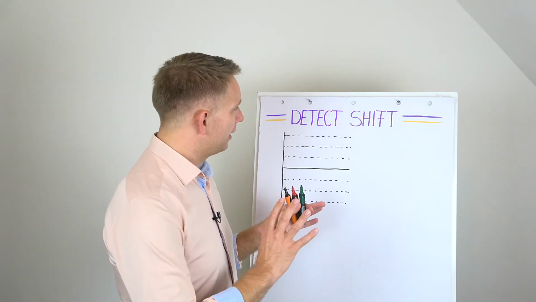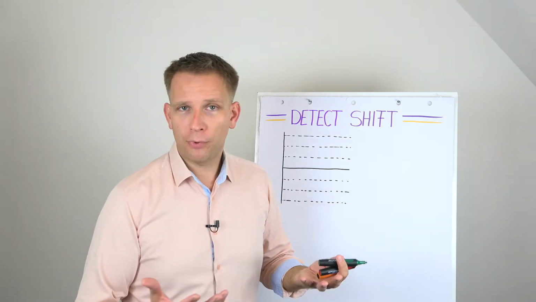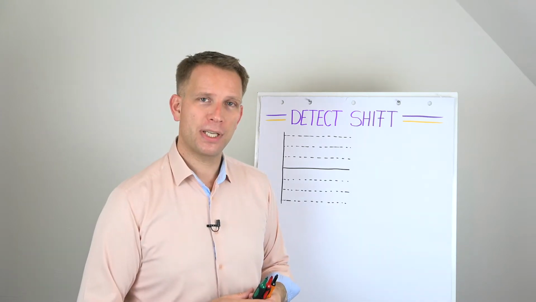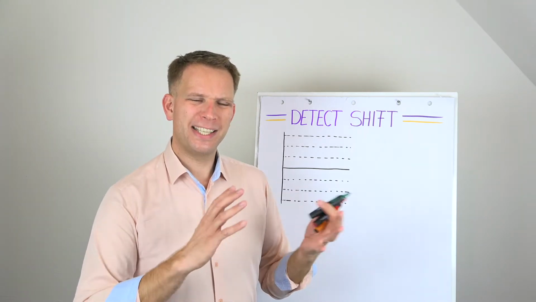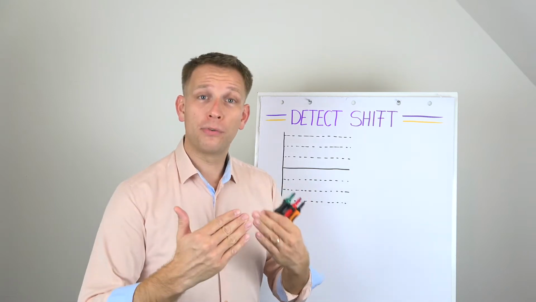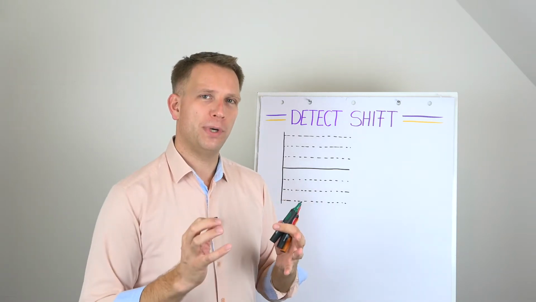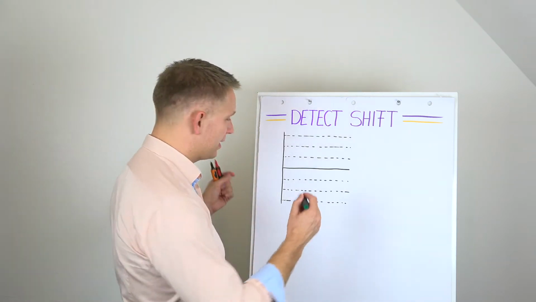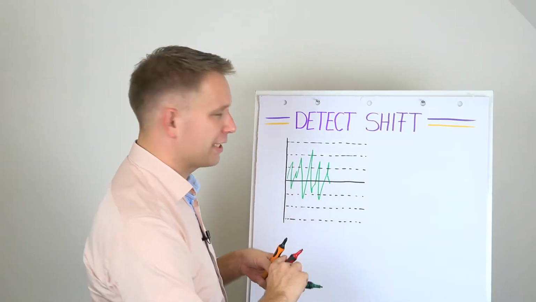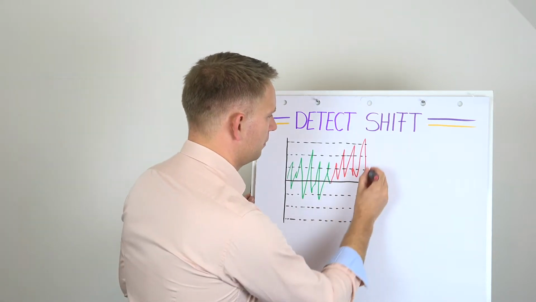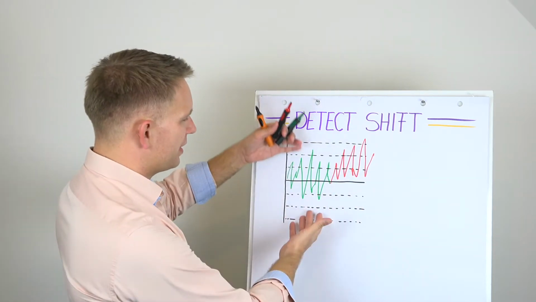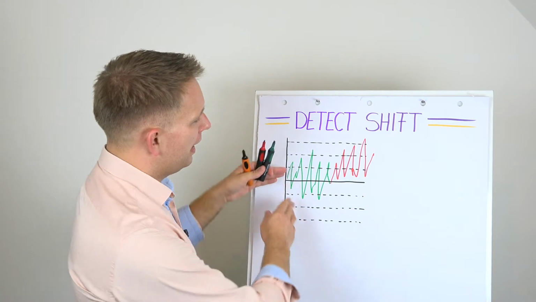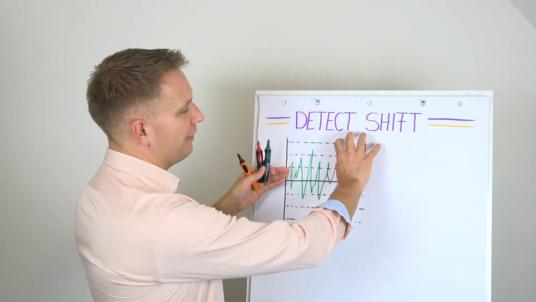Now, I'll draw in, let's say, our good process and then a shifted process, and we'll go into the statistical probability of when the rules trigger, but what you're actually looking for as well in both cases. So first, the good process, and then at some point the process goes bad. So basically what you see is that there is some spread around the mean, and at some point it shifts upwards.